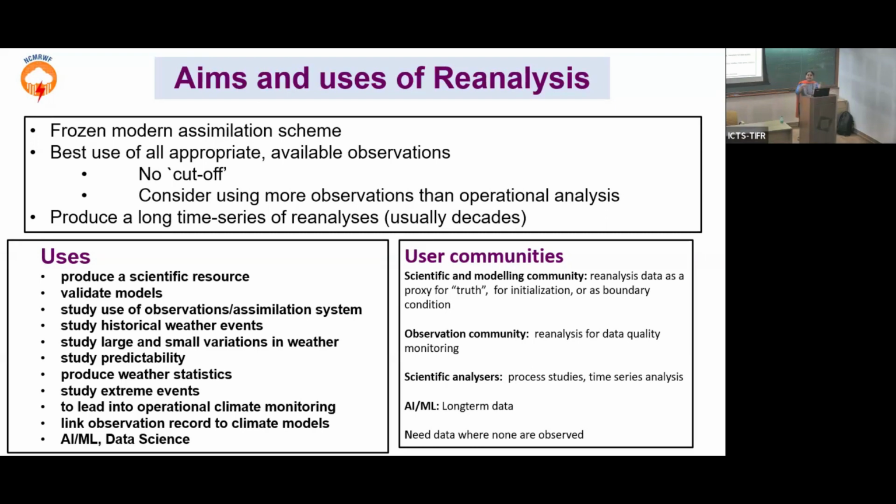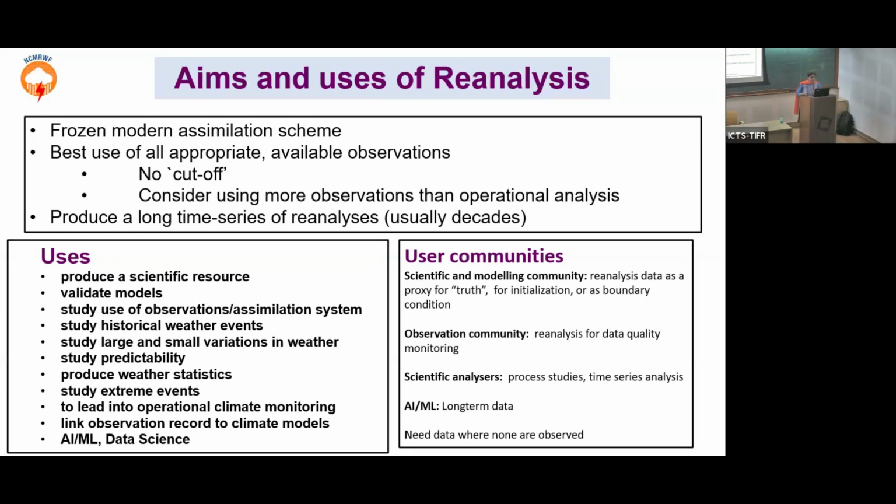We may get the data the next day, or maybe after 5 or 10 days, due to some reason. In the operational setup, we cannot use this data. But in the reanalysis, there is no cutoff. We have to take the time of that observation, but when we receive that data doesn't matter. So if the data is there, we can use it in the reanalysis. That is another advantage of reanalysis.